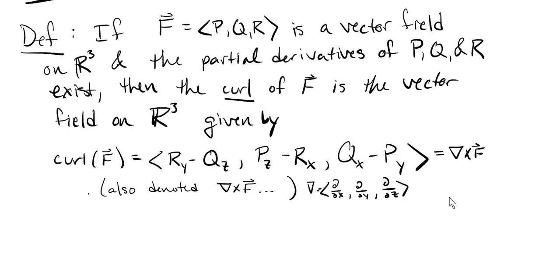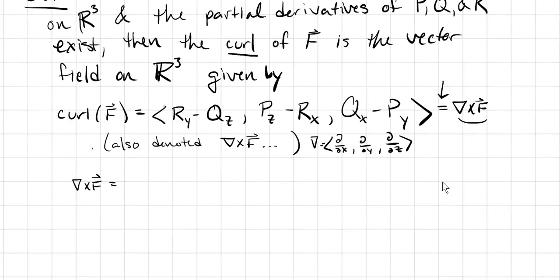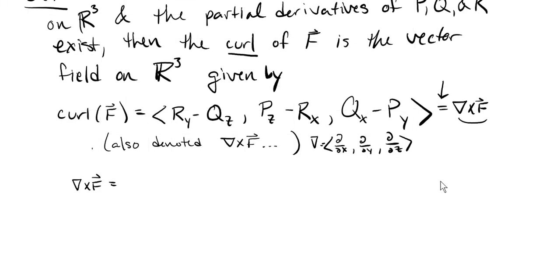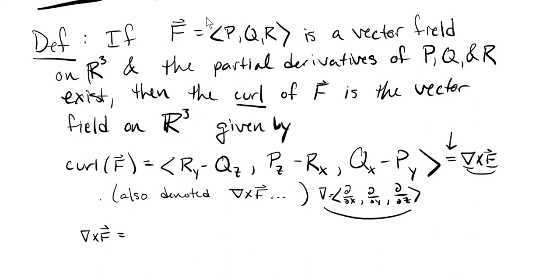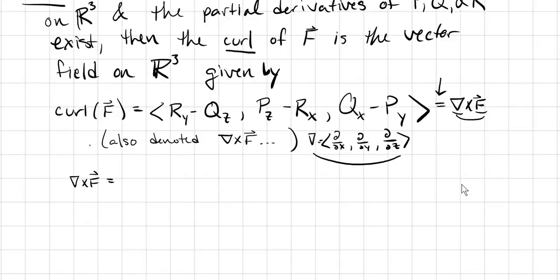All we're going to do is set this up to show that this is actually pretty consistent, to use this expression, del cross F, for the curl of F. Let's actually compute what this would look like if we crossed the del vector with this field F equals PQR, just a general field PQR.